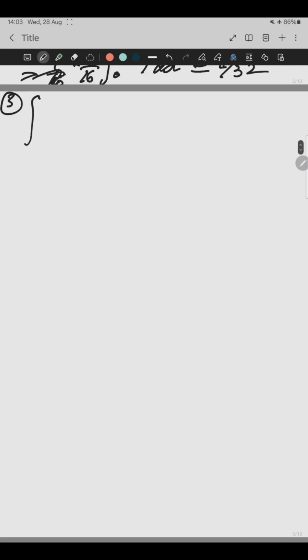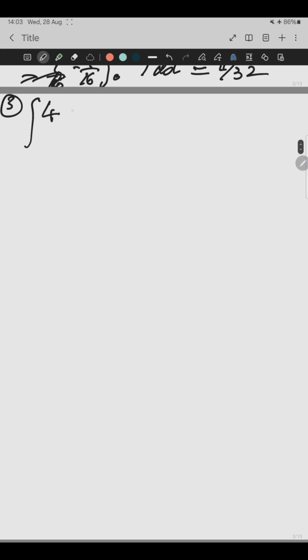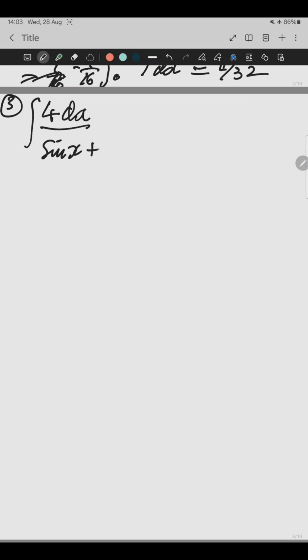Which is 4 dx over sine x plus tan 1/2 of x.